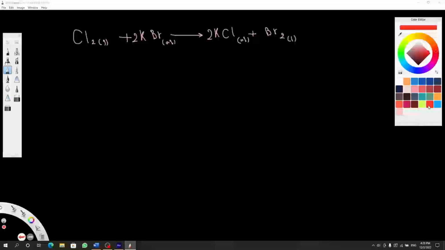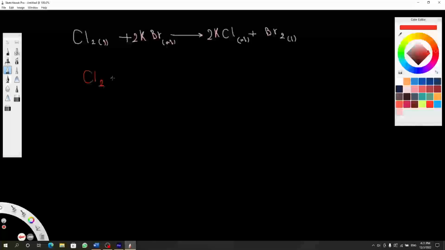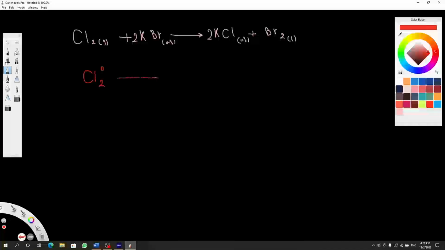Now, let's write the half ionic equations. Feel free to pause the video and try to write them for yourself, and then you can check your answer. Here we have chlorine, oxidation state of 0 because that's a molecule. It turned into chloride negative, or 2 chloride negative, right?